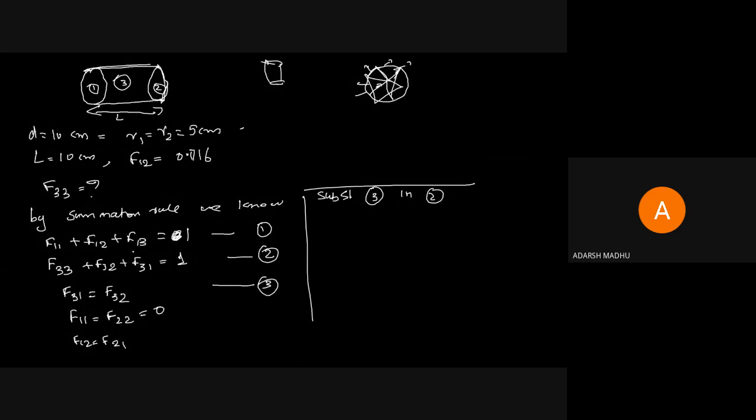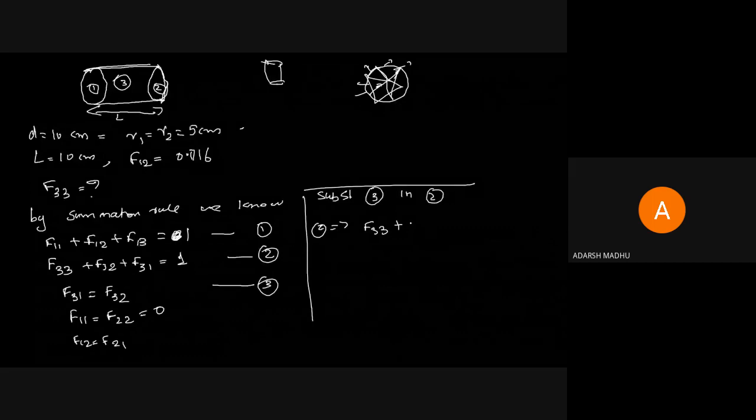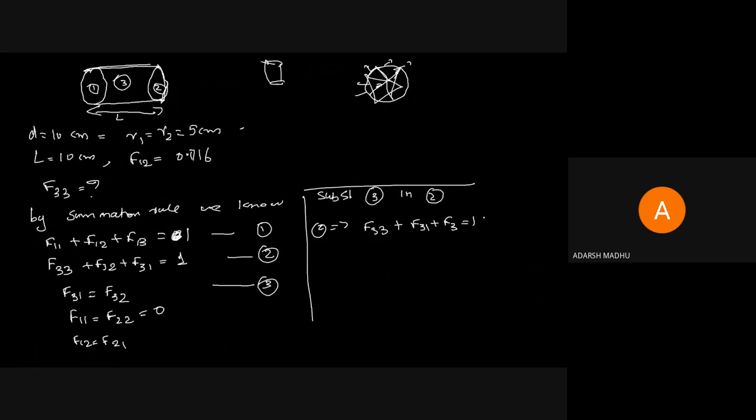Therefore, we can write equation 2 as F33 plus F31 plus F32 equal to 1. We are substituting F32 as F31, since F31 equal to F32.